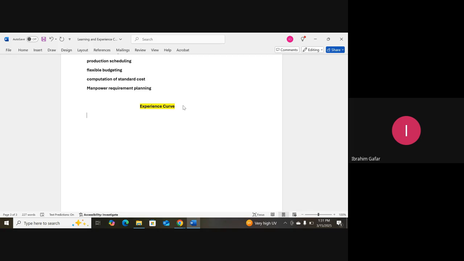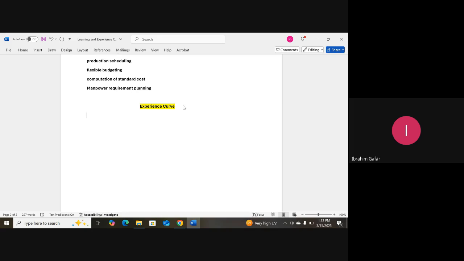And as a result of that, labor cost will be reducing by a set percentage. Are you getting it now? Because it only deals with the labor hours, the labor cost will be reducing by a set percentage. Are you getting it now?